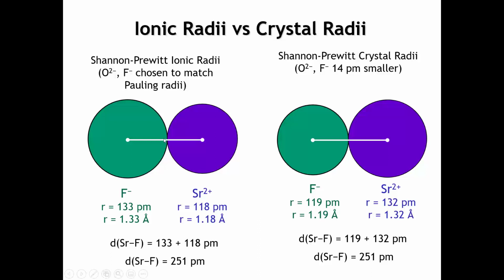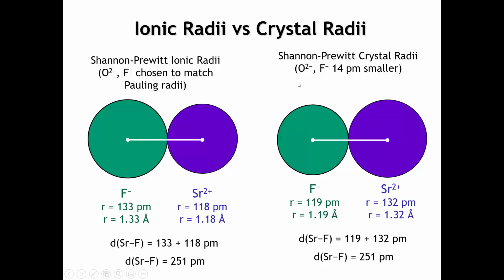So in the ionic radii, they chose the radius of the oxide ion and the fluoride ion to match the original ionic radii proposed by Linus Pauling. Those were the values that were well accepted, so they said, okay, let's go with those same values. Experimentally, it's not very easy to measure exactly where the fluoride ion stops and the strontium ion begins.